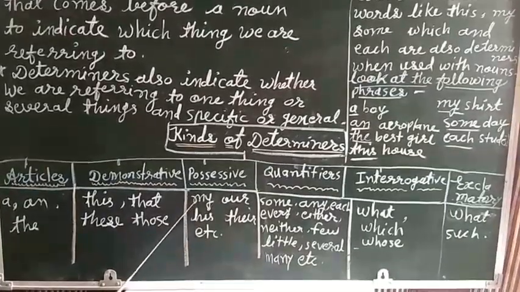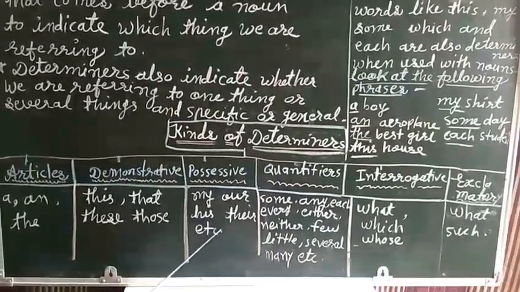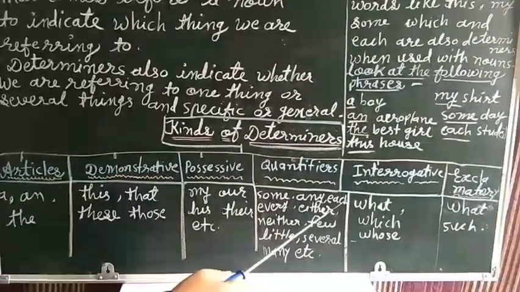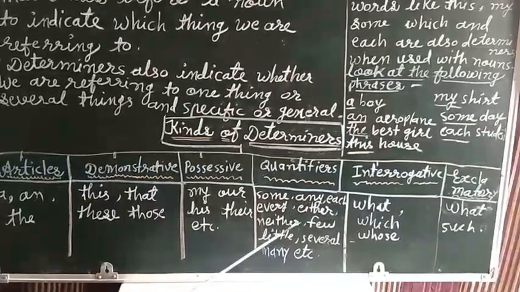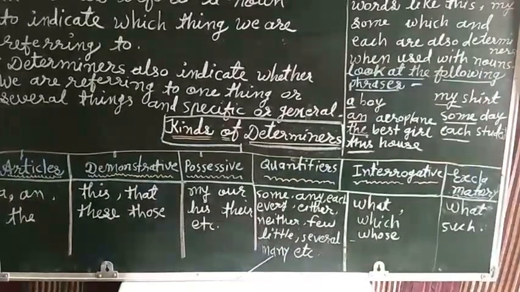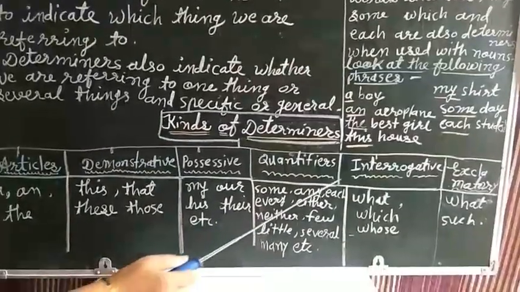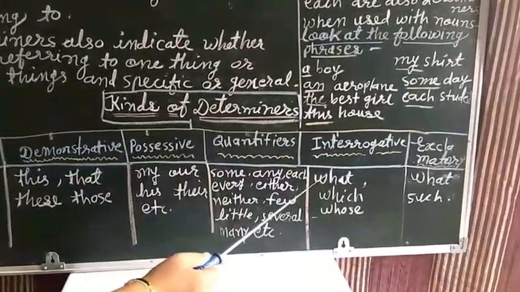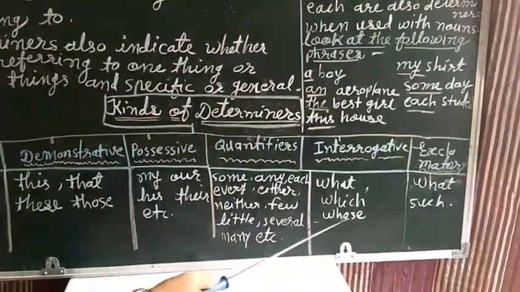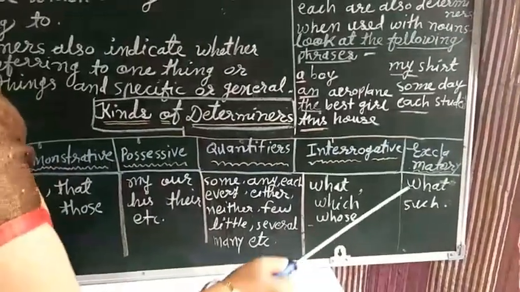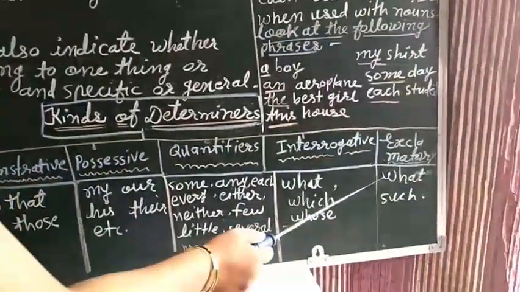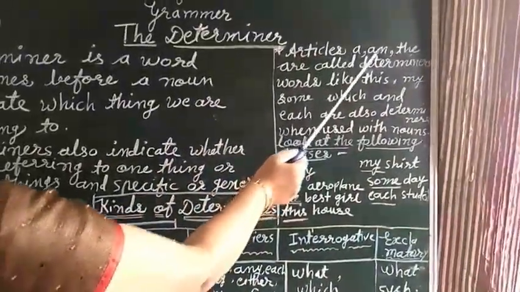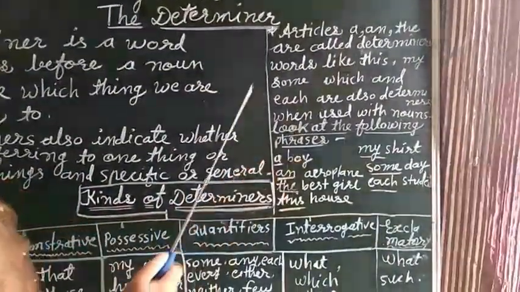Possessive determiners: my, our, his, their, etc. Quantifiers: some, any, each, every, either, neither, few, little, several, many, etc. Interrogatives, the words we use to make questions: what, which, whose, whom. And exclamatory: what, such.